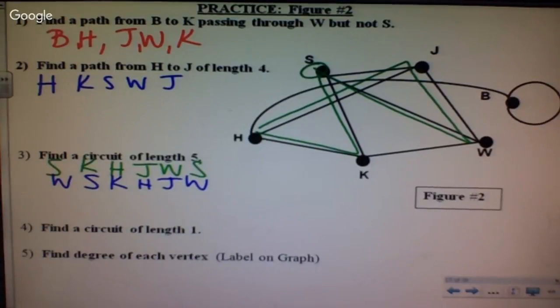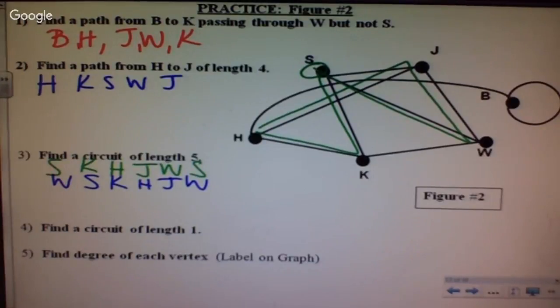This is called a shift, and we'll talk about that in chapter 6, because Hamilton circuits have to deal with shifts. Both of those are a circuit of length 5. You could have also started at J and gone J, W, S, K, H, and back to J. You could have started at H or at K. Any of those would have worked.